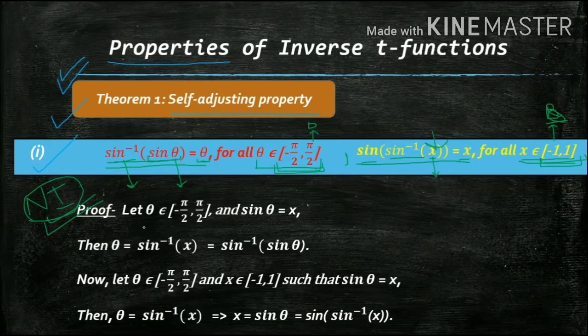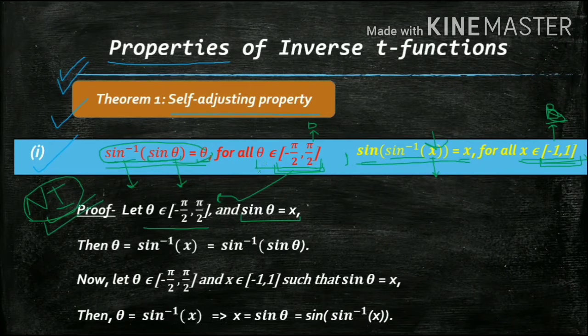So first thing, let theta belong to the closed interval minus pi by 2 comma pi by 2. I am assuming this, and also I am taking that sine of theta is equal to x. I have to prove how sine inverse of sine theta equals theta for this theta.